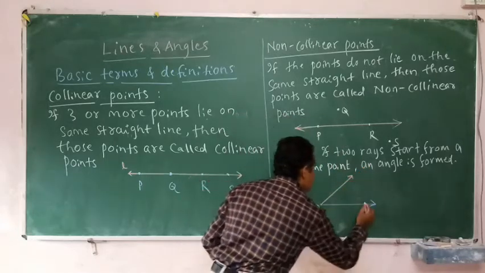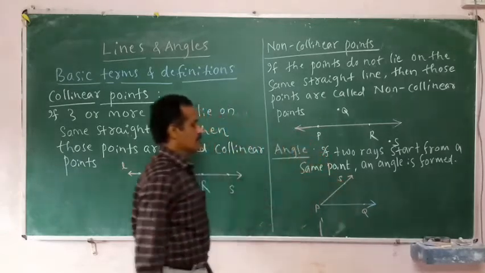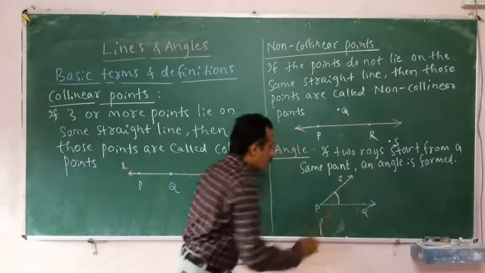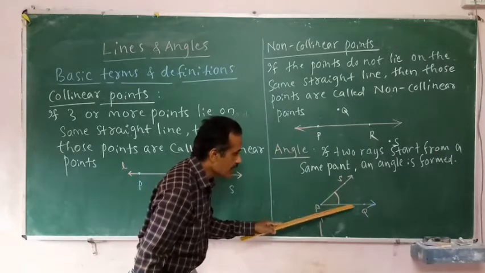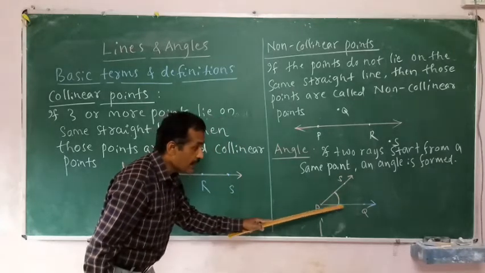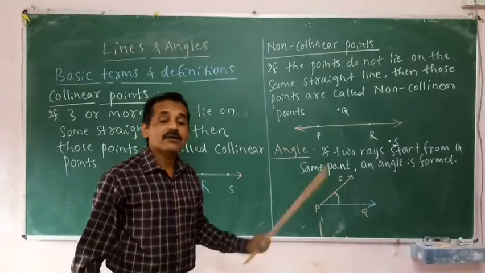Let me call it PQ and this PS. So this is the formation of an angle when two rays start from a same point.